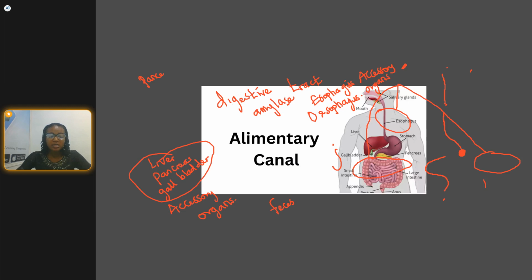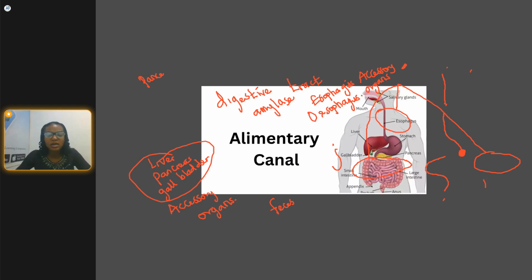Food does not pass through them like the other organs, like the esophagus, the stomach, the small intestine, the large intestine. Food does not pass through the pancreas, the liver, or the gallbladder. That is why we call them accessory organs.